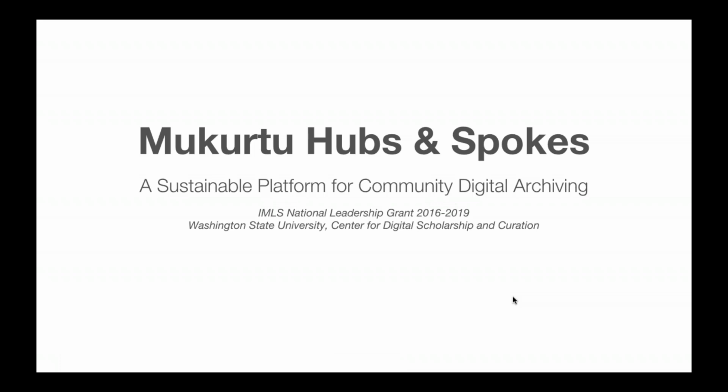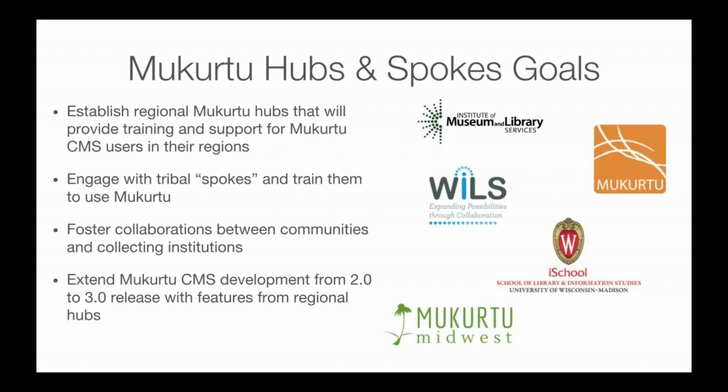Hello. And as Emily said, we've both been working on this IMLS funded grant, which is called Mukurtu Hubs and Spokes, a sustainable platform for community digital archiving. WiLS and the UW-Madison iSchool are working with Washington State University, which is where Mukurtu was envisioned and is managed today.